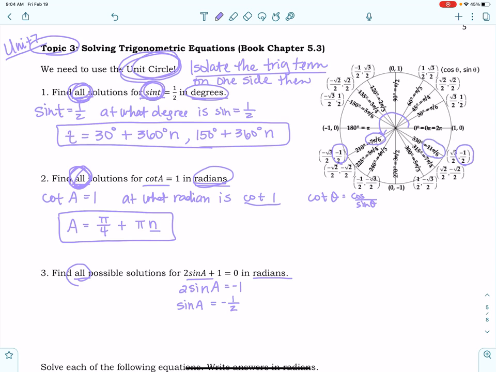But remember, these are not right across from each other, so I have to consider all rotations. So A is equal to 7 pi over 6 radians plus 2 pi n, all the way around, remember. And then the other answer is 11 pi over 6 plus 2 pi n. That is how we write our answers. Neato.